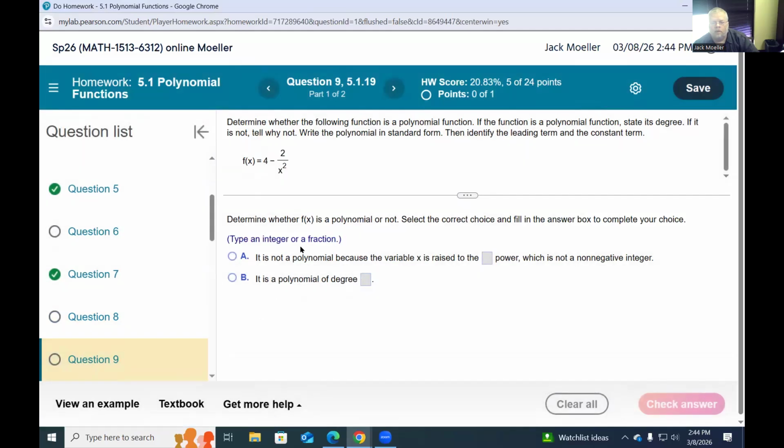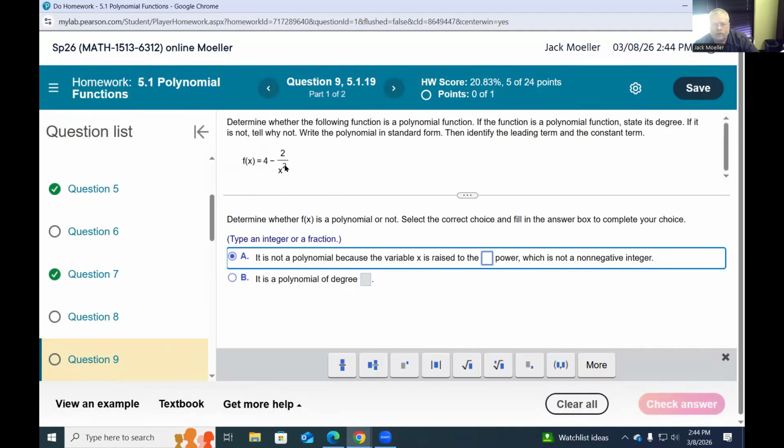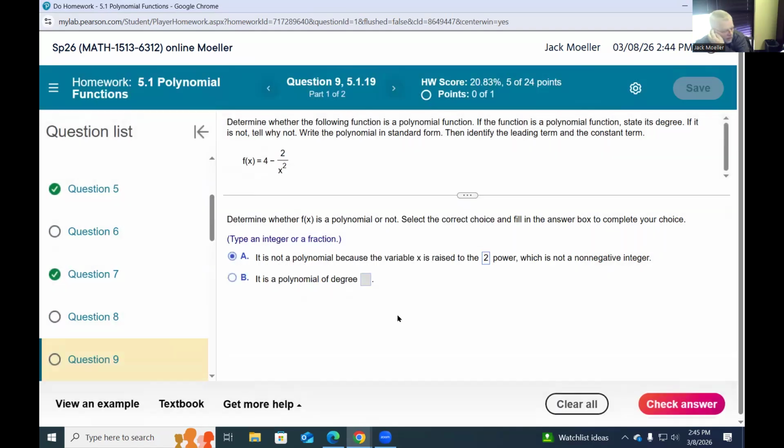All right. Is this a polynomial? No, because we're dividing by x squared. Remember, the only choice here is that it's not a polynomial. If you want to say 2, which would be a natural thing to say because that's the power, notice they're saying it's incorrect.